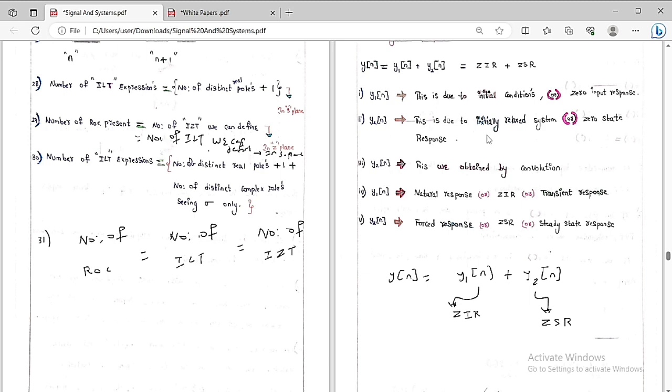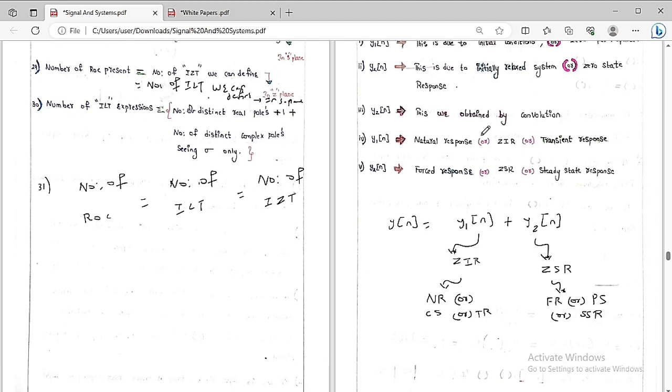The y1 part is also called the natural response, or complementary solution, or transient response. Whereas y2 is called the forced response, or particular solution, or the steady state response. So these are the different names.